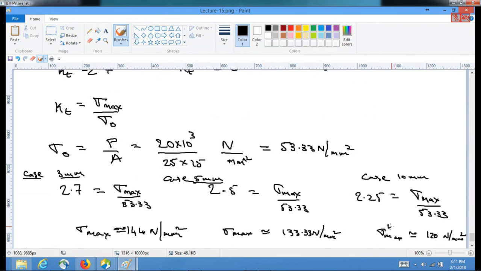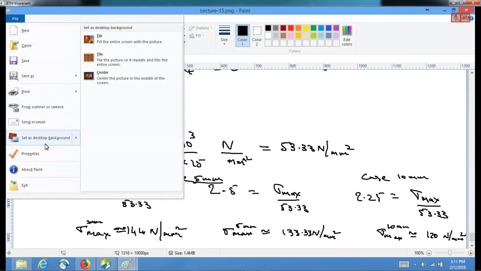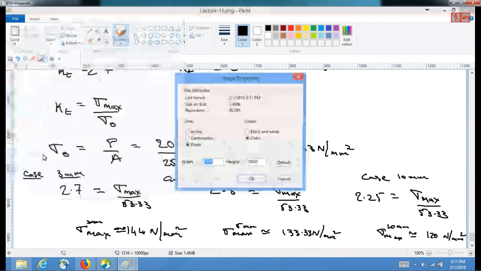This is for the 10 mm hole, this is for the 5 mm hole, and this is for the 3 mm hole, for a plate width of 25 mm. So this is one example which we have solved, and the next example we will solve is a different problem which is very close to this.